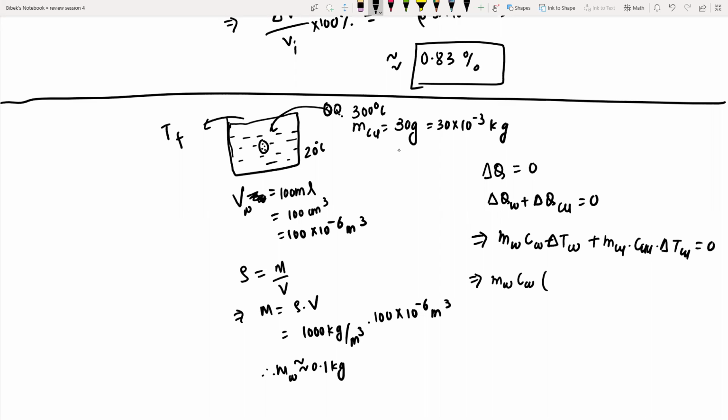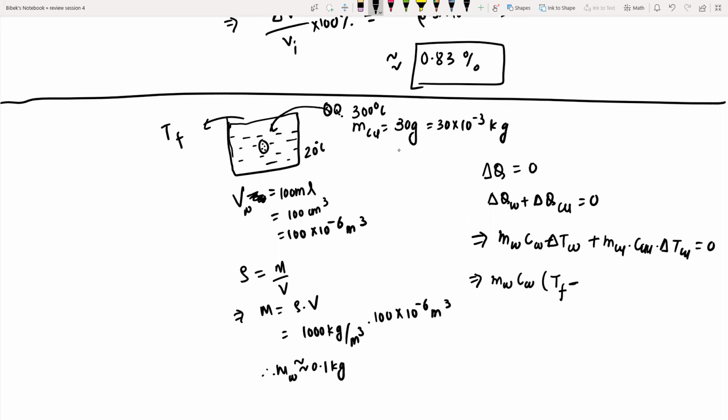So what is the temperature change? Delta T is final temperature minus the initial temperature. So that is T final minus the initial temperature of water, which is 20 degrees centigrade. And this is delta T, right?